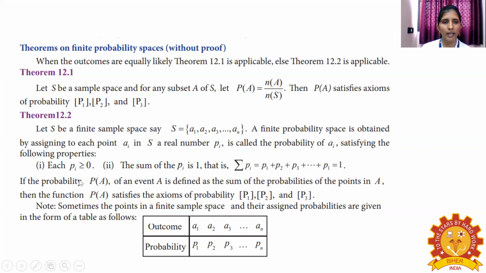Each Pi must be greater than or equal to 0, and the sum of Pi is equal to 1. That is, the summation of all the probabilities must be equal to 1. If the probability P of A of an event A is defined as the sum of the probabilities of the points in A, then the function P of A satisfies the axioms of probability P1, P2 and P3.